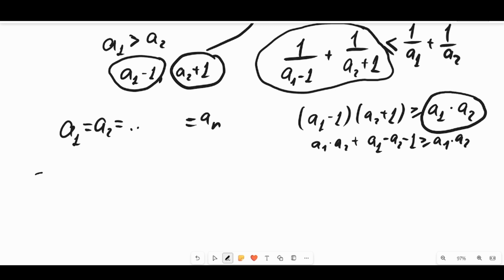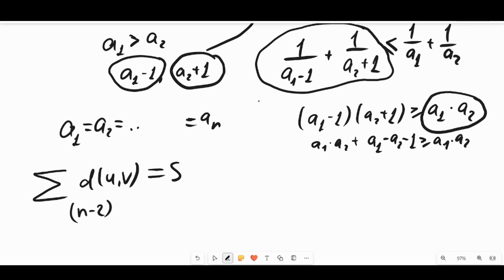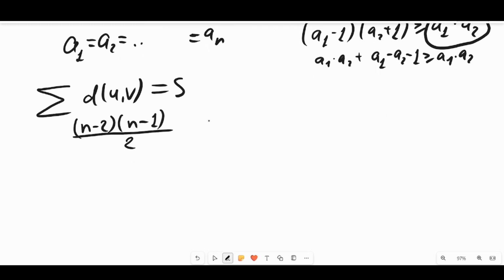And if we know that we are given a number of pairs, their duv was greater or equal to 2, then their sum was assigned as S. Number of pairs equals (n minus 2) times (n minus 1) over 2. And this minimum, so each duv, or this distance, must be equal to S over (n minus 2) times (n minus 1) over 2.